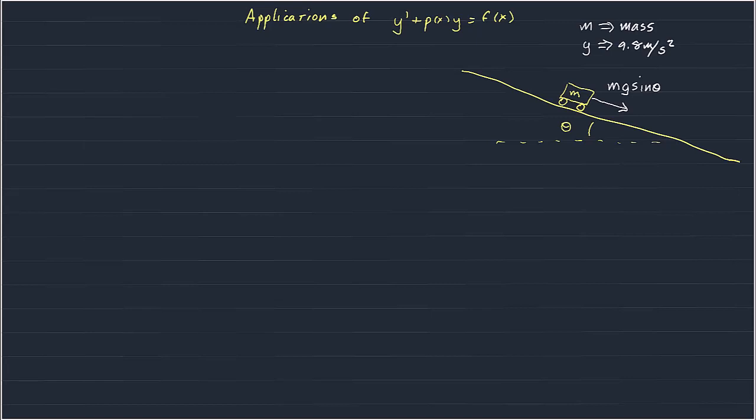And so we have frictional resistance of our motion, so it acts in the direction opposite the velocity. So let's call this frictional force F, and that's equal to minus some constant times v. So here, v is our downhill velocity, downhill speed.